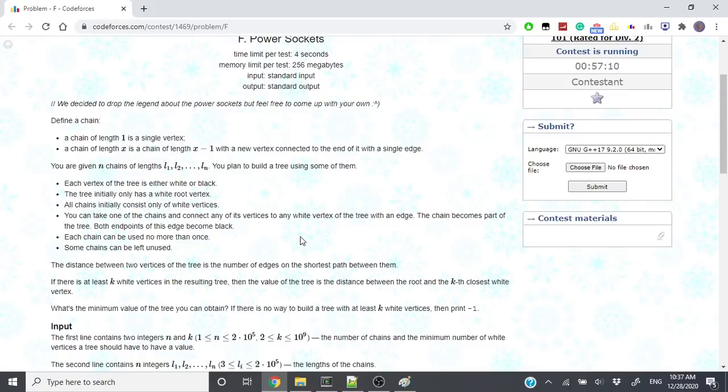So is it like a vertical chain, or is it a chain of length x is a chain of length x minus 1 with a new vertex connected to the end of it with a single edge? What is the end? What's the end?